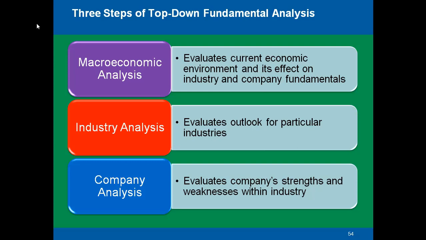If the economic situation is gloomy and doesn't offer much, then you will stay away from investing in stocks or in certain companies. Then we come to the industry analysis. After you have done your macroeconomic analysis, you move on and choose an industry in which you are going to put your money.